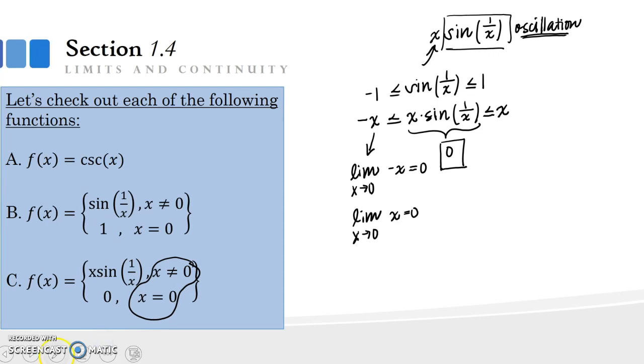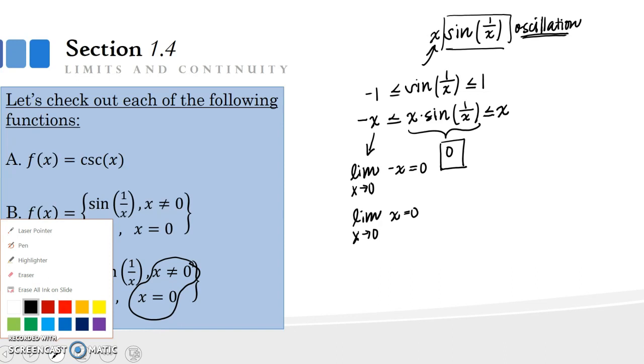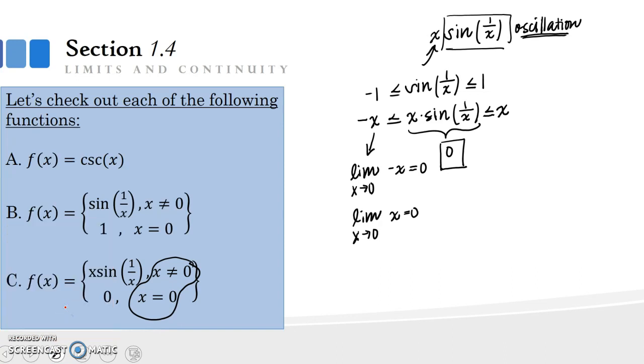The first one is, do I have a defined function value at the point where I would have concerns about discontinuity? And I do. At 0, my function is defined. So my first condition is met. The second thing is, as my function approaches 0, the point where I'm concerned about the discontinuity, do I have a limit that exists? And I do, right?